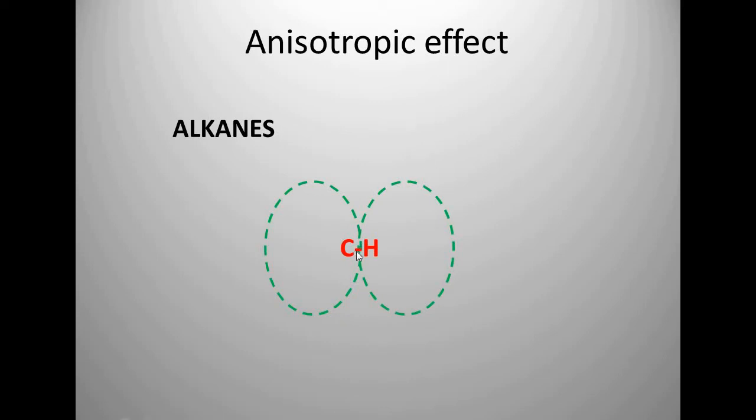So the electron which is here generates an induced magnetic field in this direction. Okay, so the magnetic field direction is like this or like this.